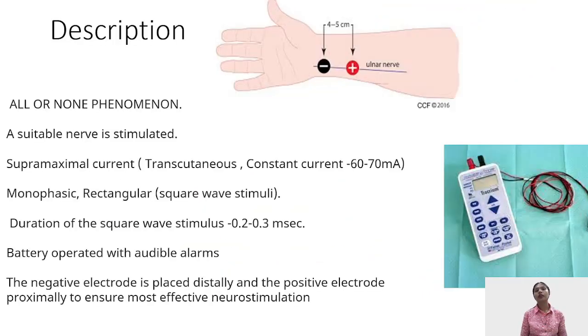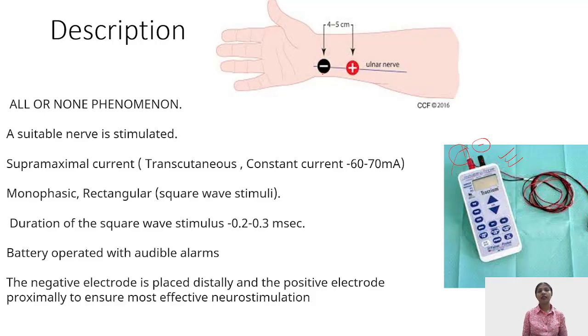This is your neuromuscular monitor. This is a battery operated device. As you can all see, this is a battery operated handheld device which has two leads. Can you see that? We have positive and negative leads. These leads are going to join the electrodes which are present on the skin.